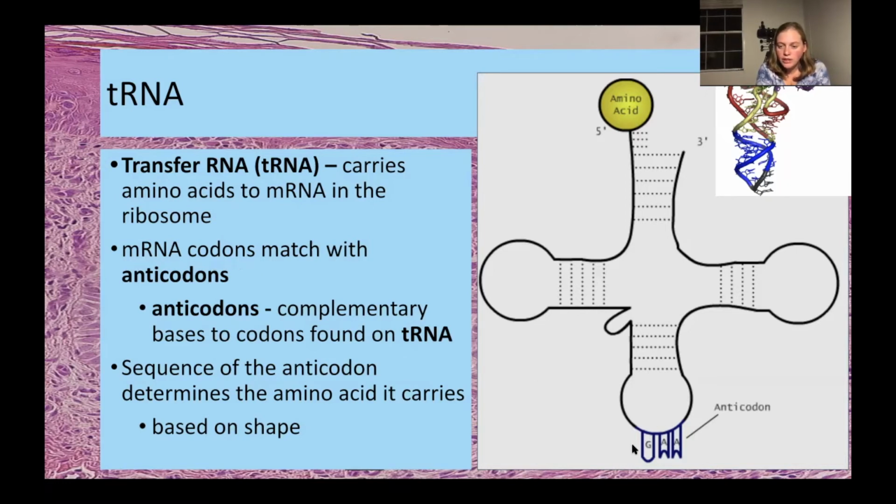So if I were thinking about the mRNA codon this would match to, it would be CUU, because this anticodon is going to match up by complementary base pairing, the same way we've been talking about matching up bases this whole time. So the sequence of the anticodon is going to help determine the shape of this tRNA, and that's going to determine the amino acid that it carries.